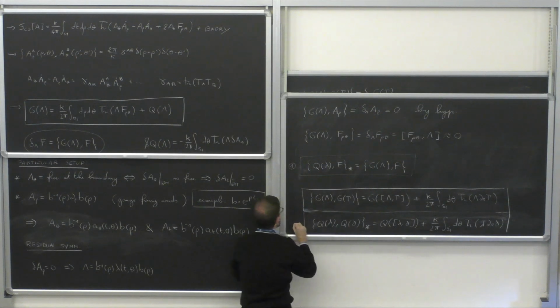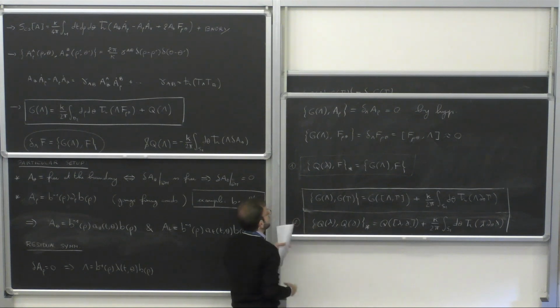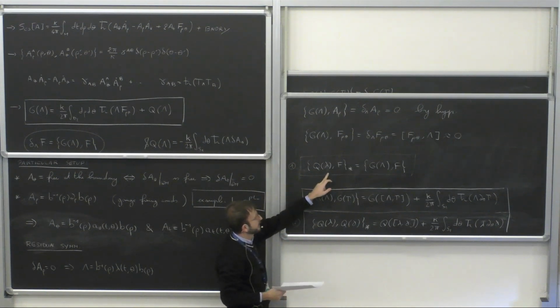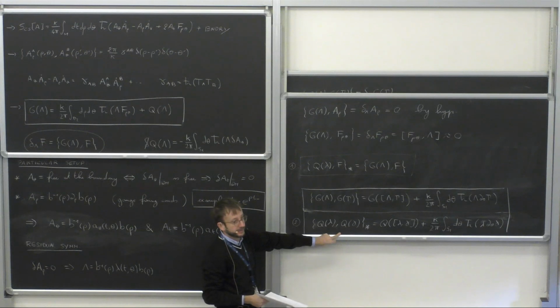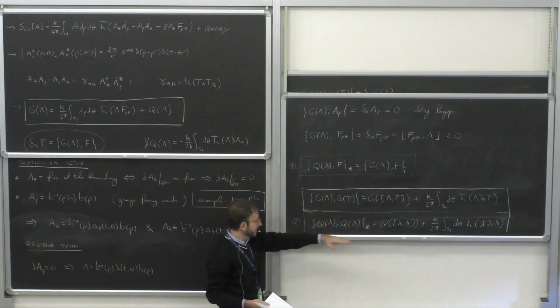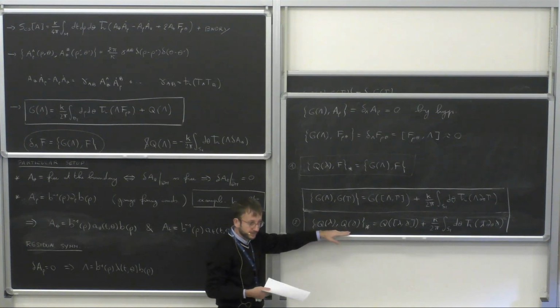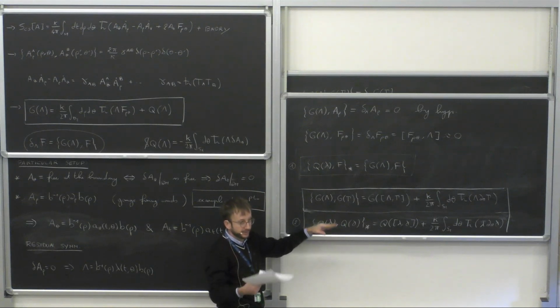And since these charges generate the asymptotic symmetries via the Dirac bracket, I can compute the Dirac bracket of the charges. So I can compute the canonical structure of the charges and the algebra of the charges. This is the precise definition: the Dirac bracket on the reduced phase space of this object.